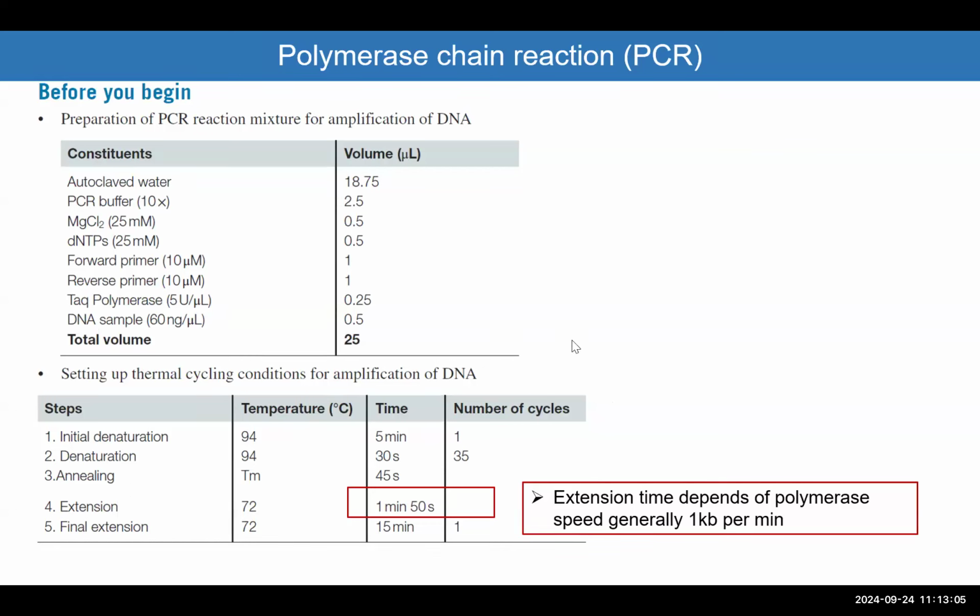So if your DNA fragment is 5 kilobases, you can't have only a 1 minute extension. You have to have a 5 minute extension. But the denaturation, annealing, final extension, and the initiation don't change. So the only change in duration can be the extension time.